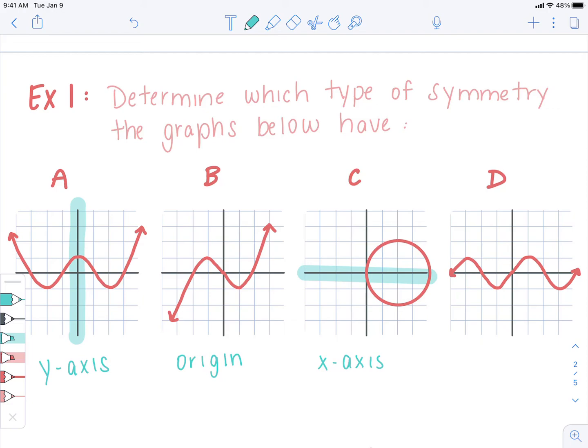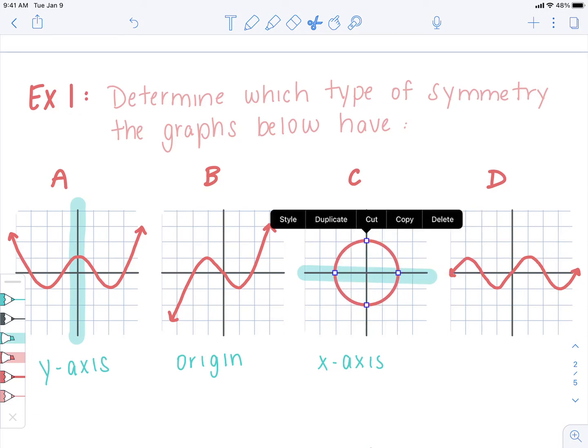What if I took this circle and I moved it so it was centered at the origin? Origin. What else? X-axis and y-axis, right? So it could be multiple. It could have a couple. That is possible.